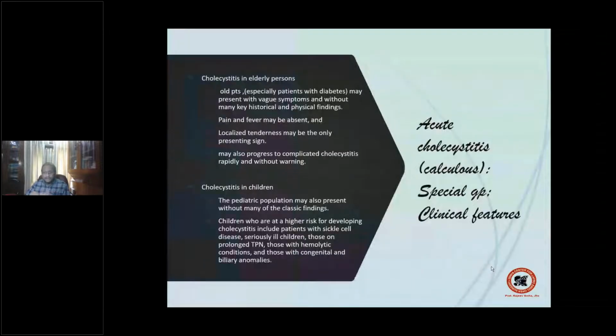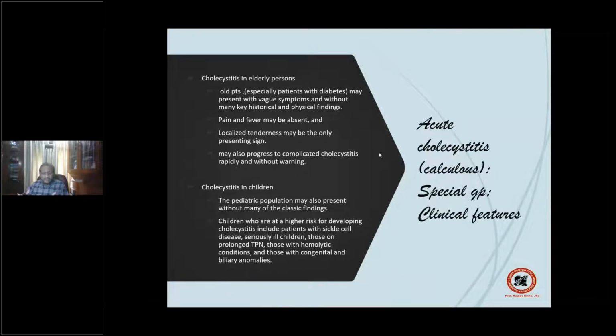Now, special groups and their clinical features. Two special groups need mention: one, the elderly patient, and two, children. In the elderly patient, especially if the patient has diabetes, the symptoms are pretty vague, without many key historical or physical findings. In these patients, the pain and fever may be absent.